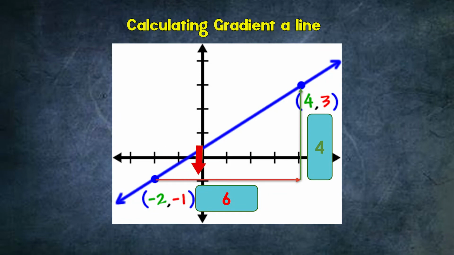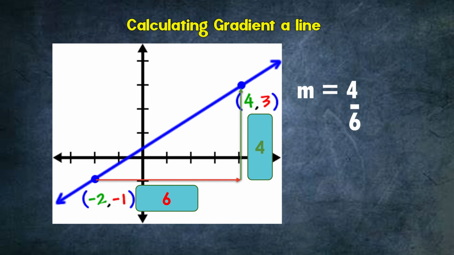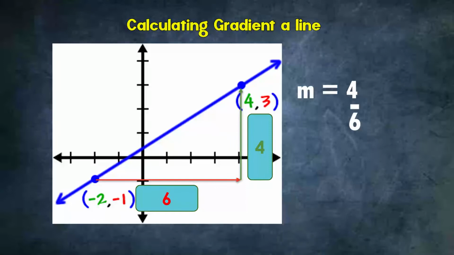So we move to the right, that's positive, and then we move up, that is also a positive number. We moved 6 places to the right and then 4 places up. So remember, the change in y is going to be 4 and the change in x is going to be 6. Positive 4 divided by positive 6, that would be the gradient.